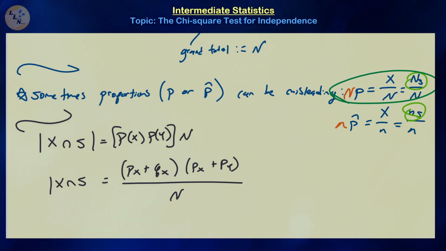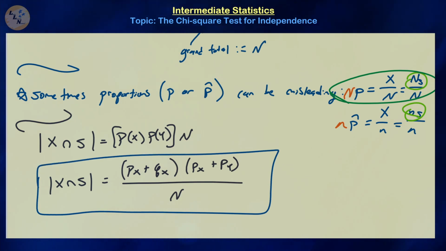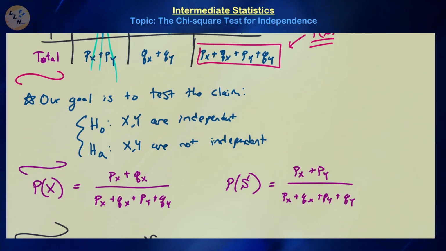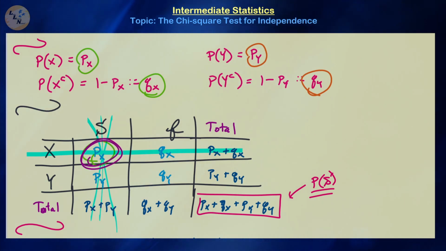Now, I just want to make this very clear before I extend this. What are we actually looking at? We're looking at the observed number of successes, or occurrences rather, so the number of occurrences in cell 1-1. So we're looking at this particular region here. And what is px plus qx?